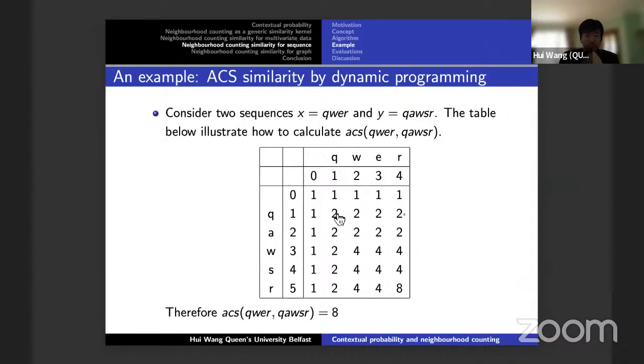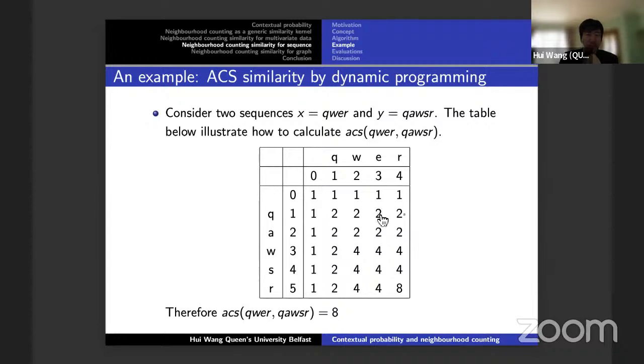Let's take a look at this one. We need to compare this symbol and that symbol, and they are equal. So this value should be double this value, which gives us 2. Let's take a look at this entry. We compare this symbol and that symbol, and Q is not the same as E. So we calculate the value for this entry by adding these two entries, and then taking away this entry.